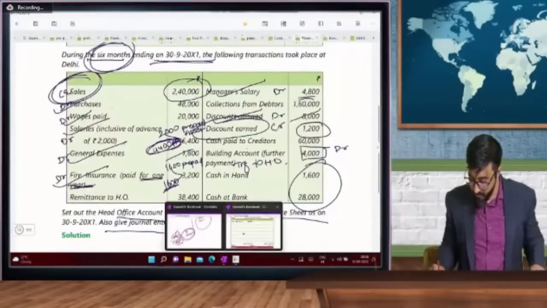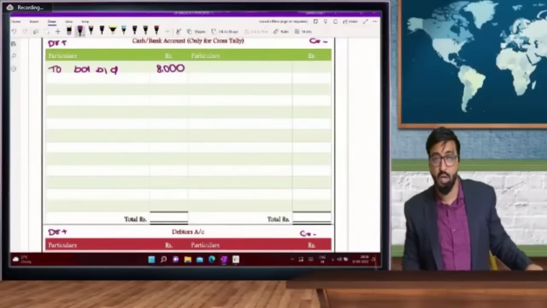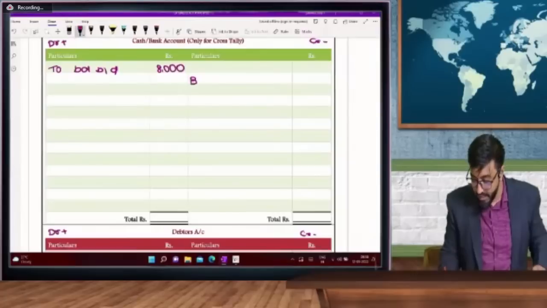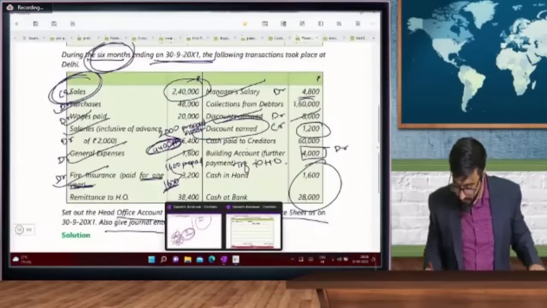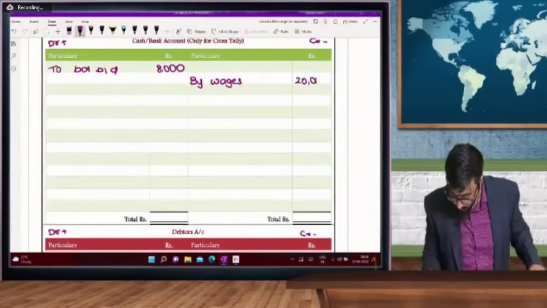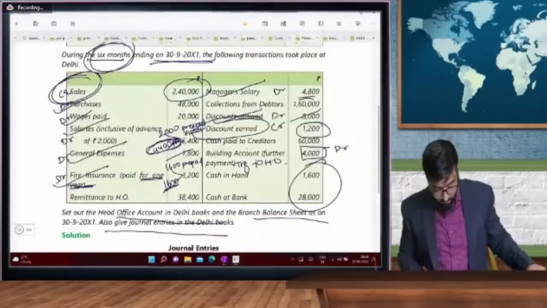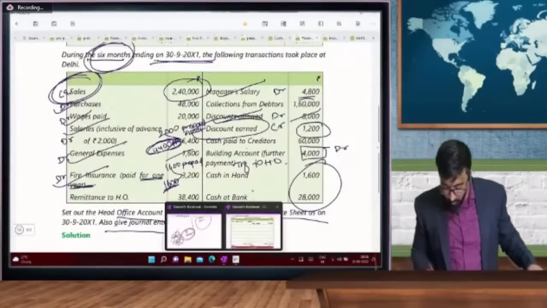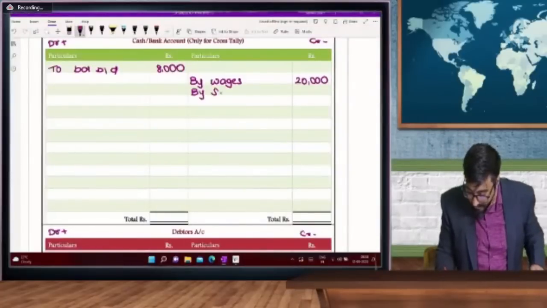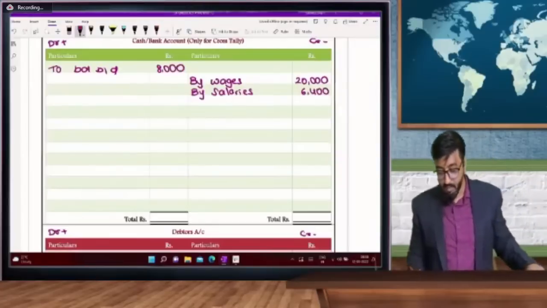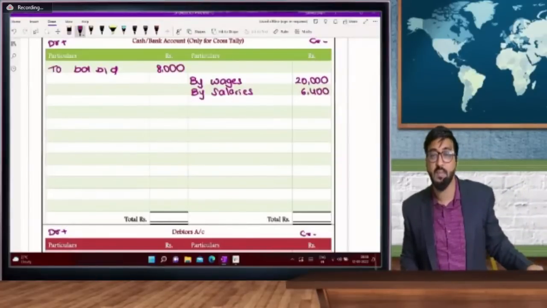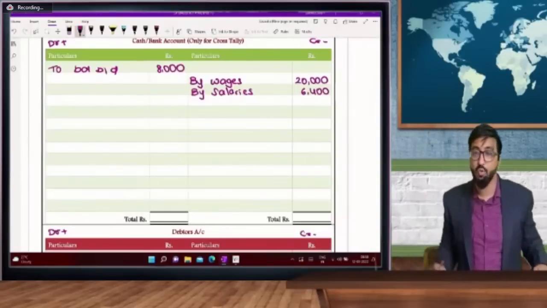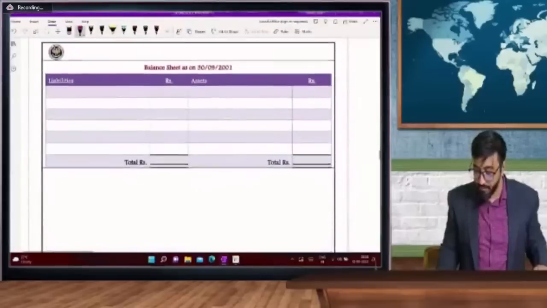Wages paid. Now see, wages is going to transfer to HO account, and wages paid means wages to cash. So cash is credited. So by wages 20,000. Salary, we paid 6,400. So by salary 6,400, but wait, out of this only 4,400 is transferred to P&L, and remaining 2,000 we will write in the balance sheet. So prepare balance sheet also.